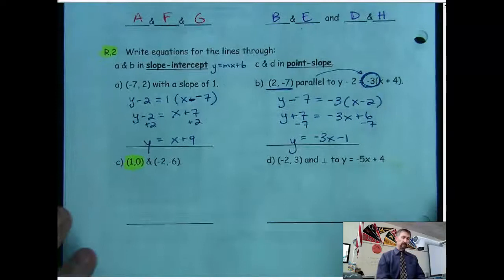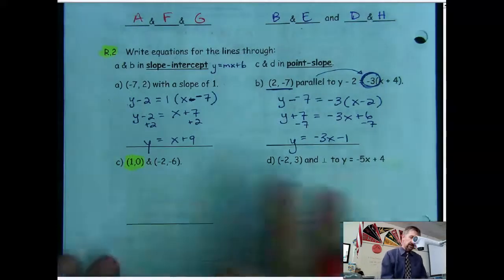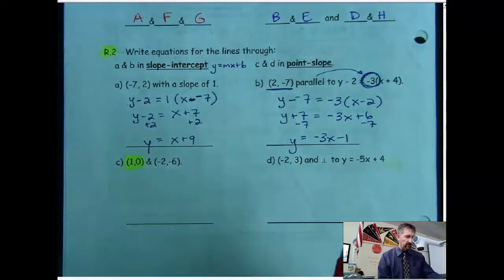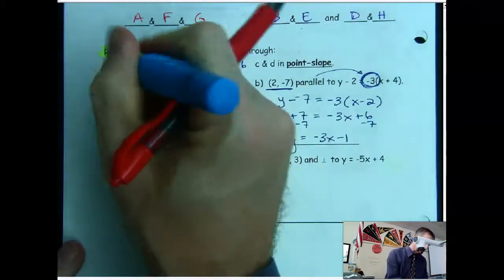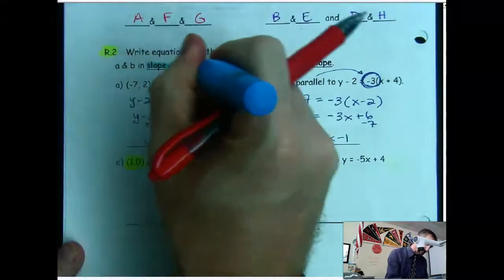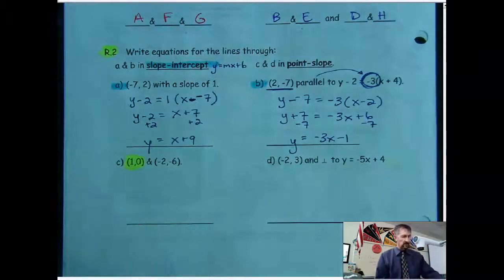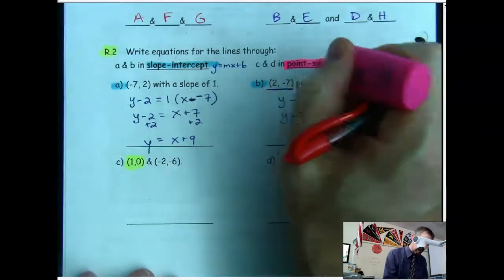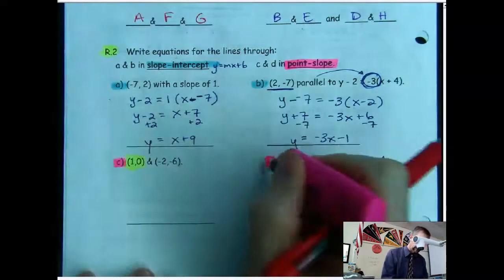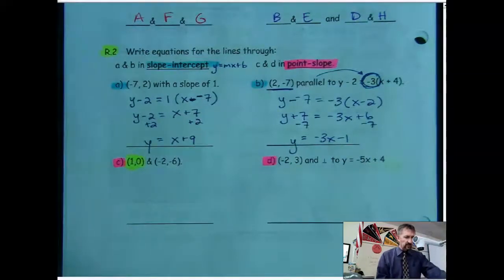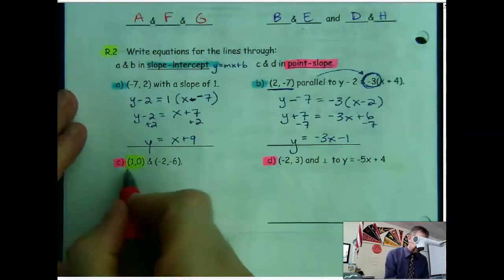Now, a couple things here. First of all, the directions say point-slope form. I started both those other ones in point-slope form. In point-slope form, what we want you to do is always use the first point.